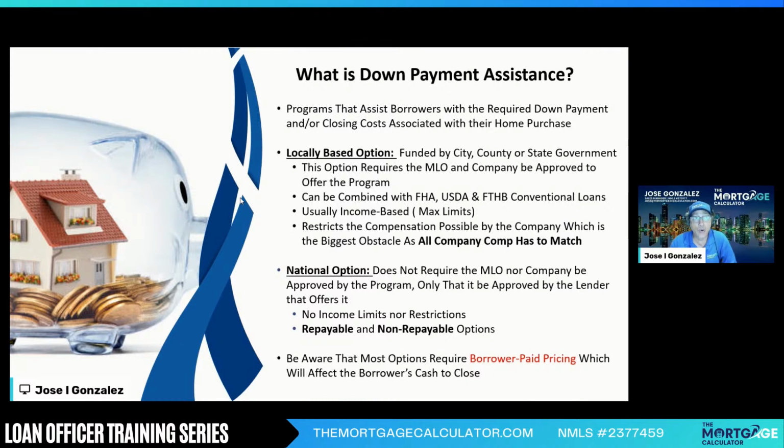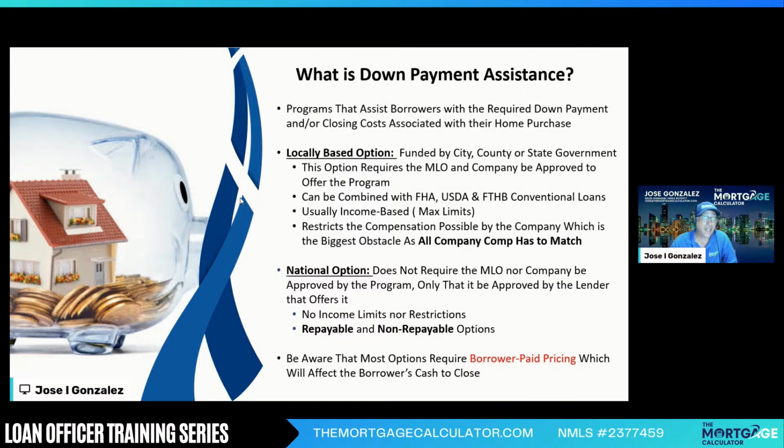You have your locally based options, like, for example, Hometown Heroes, which by local, I'm not just talking about your city. By local, we're talking about it can be funded by the city, the county, or state governments. I think Hometown Hero is a Florida program that we have here.